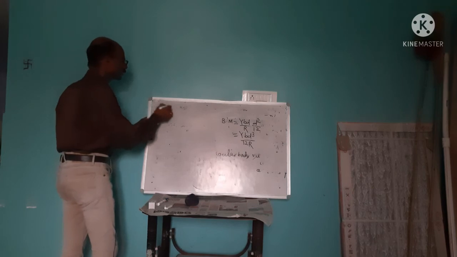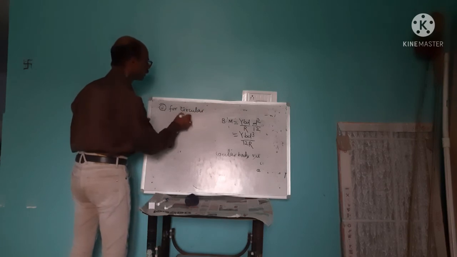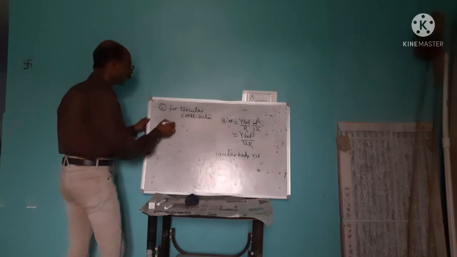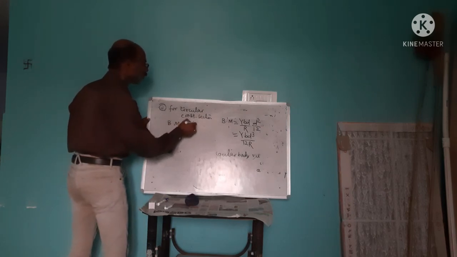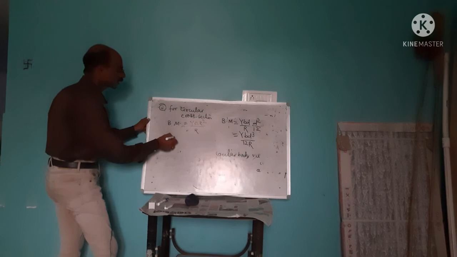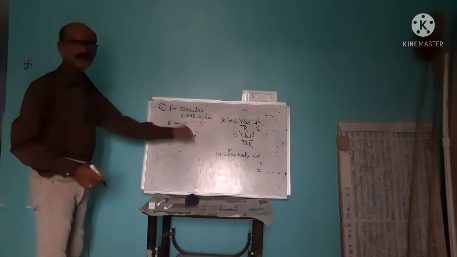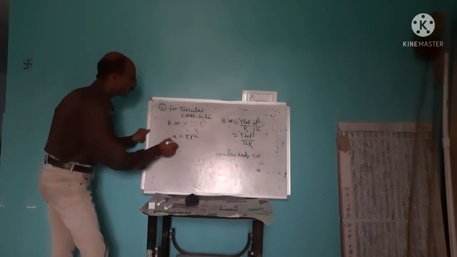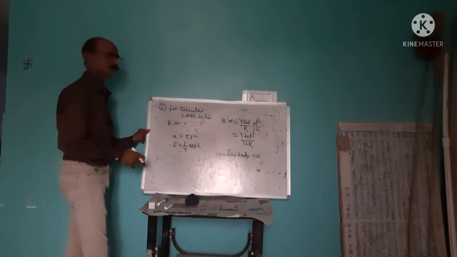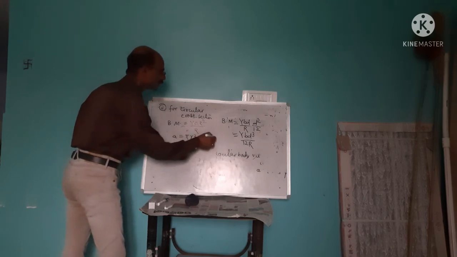For circular cross section, this bending moment is equal to Y A k square by R. For circular cross section, A is equal to pi r square, the area of cross section, and moment of inertia is equal to 1 by 4 m r square. r is the radius of the circle.